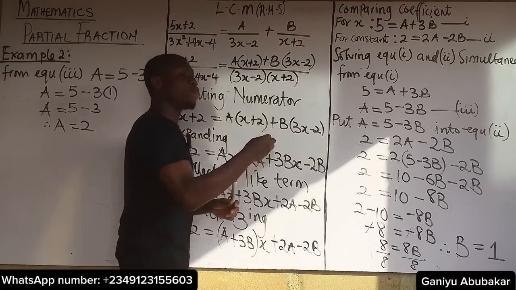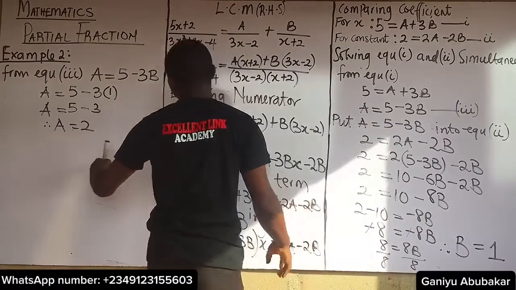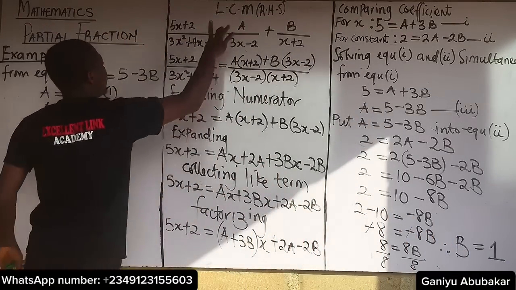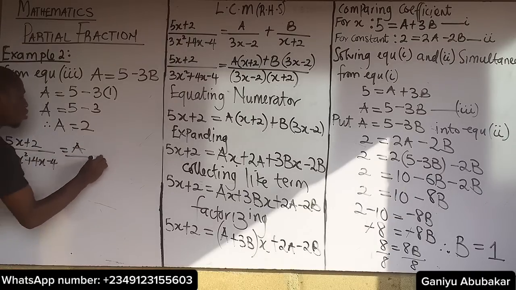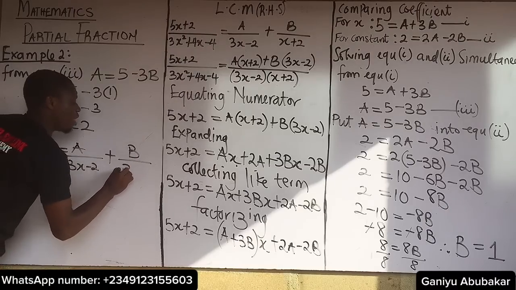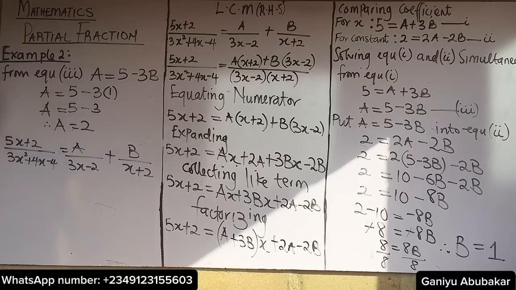So I'll put the values for a and b into the general form of the partial fraction, which is this. Recall, I have 5x plus 2 all over 3x squared plus 4x minus 4 equal to a all over 3x minus 2 plus b all over x plus 2.